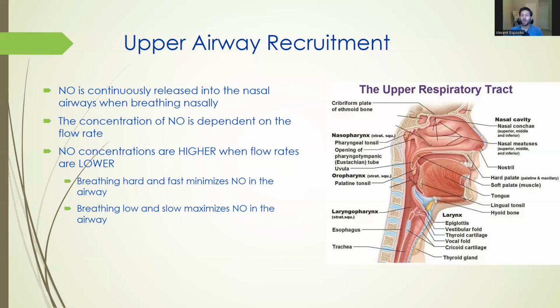So if we're breathing hard, if we're breathing fast, that's actually going to lower nitric oxide concentrations because nitric oxide doesn't have long enough to stick around in the airway and do its thing. If we're breathing slow, nitric oxide can stick around in these airways a bit longer and enable some of those vasodilatory effects.